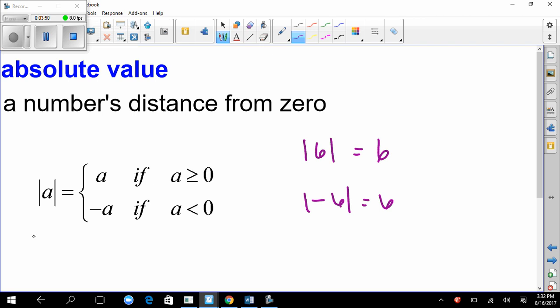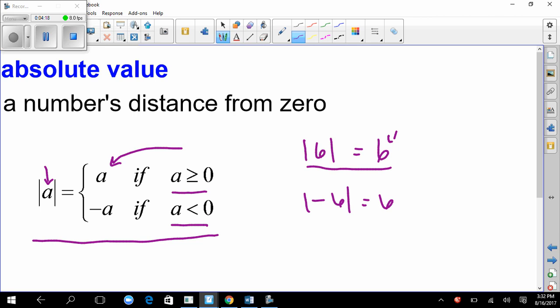So this piecewise function explains how you figure out what the absolute value is if you don't have such a nice number like 6 or -6. It all depends on if that number, that A in the absolute value, is positive or negative. In this first case, 6 was positive, so I'm just going to get an answer of A, or 6.